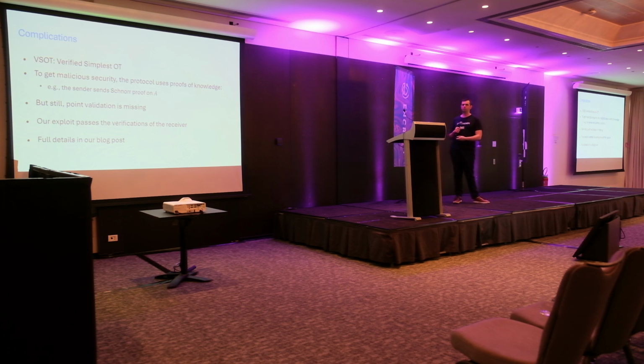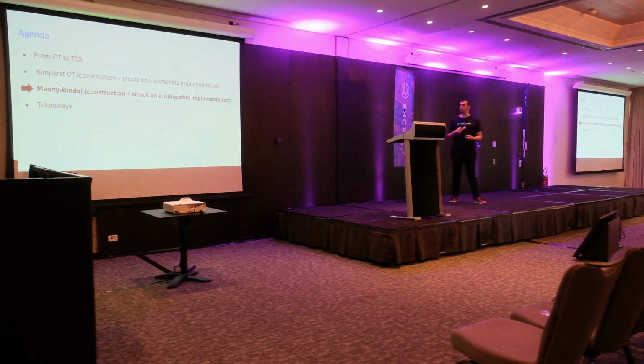So you can already see that this introduces some complications. But in the end, we managed to find an exploit to circumvent these proofs of knowledge. You can see all the details in the blog post that we will share by the end of this presentation.